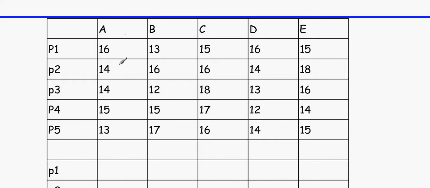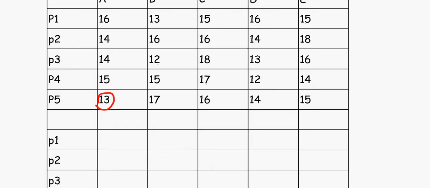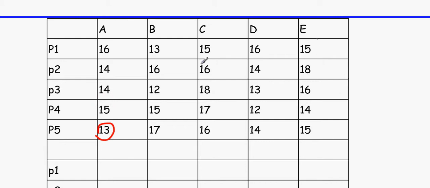So let's look at column A. We need to find the number which is the smallest out of these over here, and it is 13. Okay, so now 13, we need to subtract all these numbers from 13.